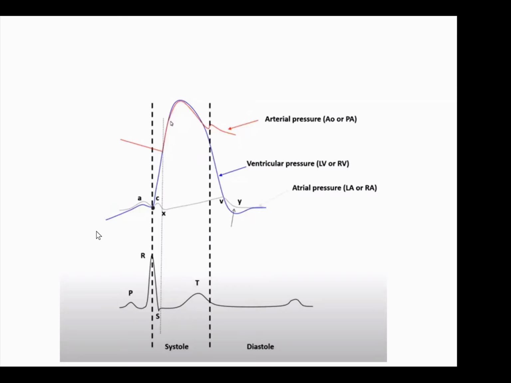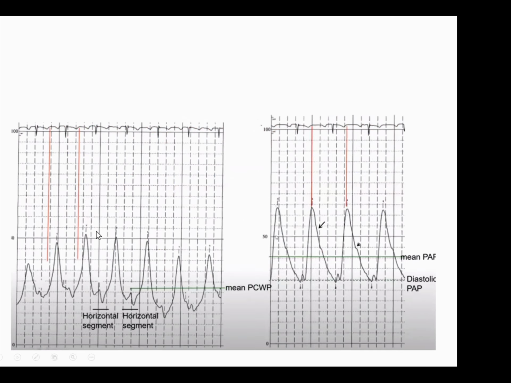Now go back. So here there is the R wave or the S wave. Here it is the T wave. So in this square, the arterial or the PA or the aorta or the RV or the LV, all should be peaking in this segment.